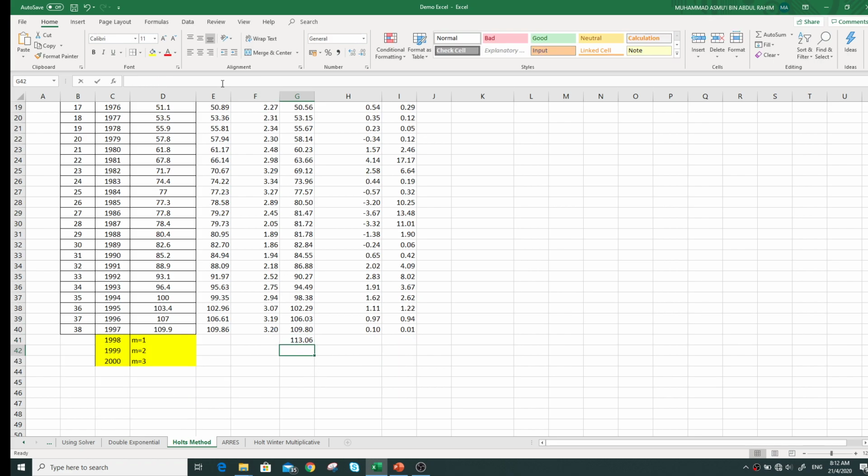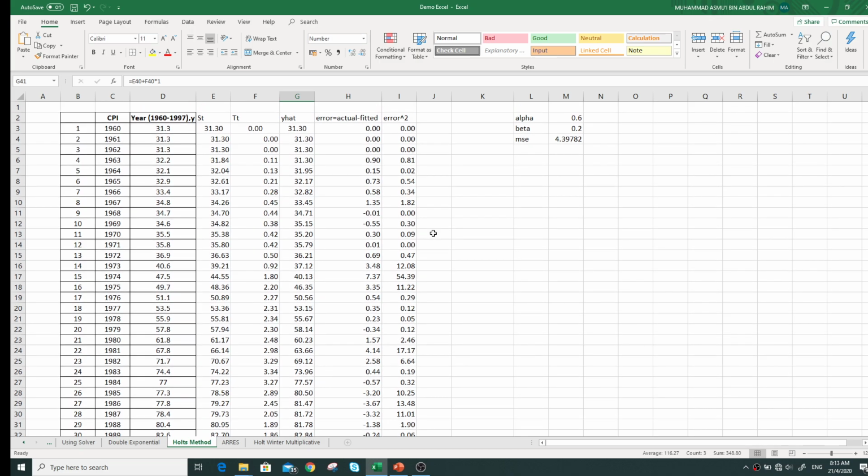And for this, it is S_t plus T_t times 2, so this is your value for 2 steps ahead, while S_t plus T_t times 3 is for 3 steps ahead. So this is your forecast value. That's Holt's method. You can change the values. We say that the lower the MSE, the better the smoothing parameters.